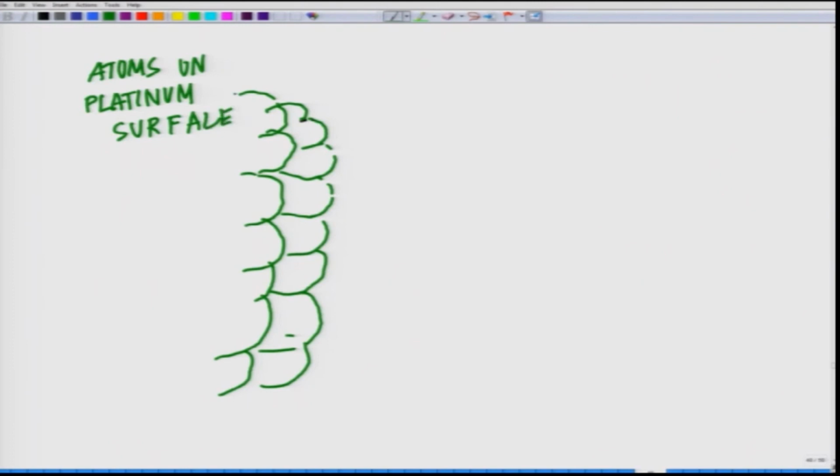Now, on this surface, it is surrounded by a milieu of a lot of H plus ions, and on the other hand platinum itself is getting a lot of, let me pick up another color, H2 gas which is coming. Now, there is a very peculiar equilibration which is happening.